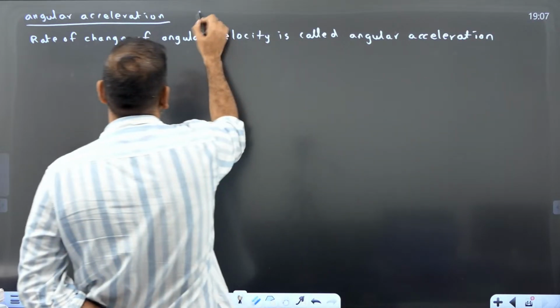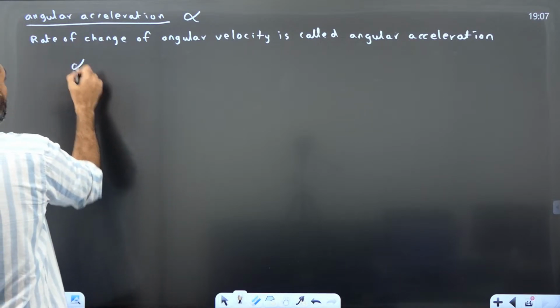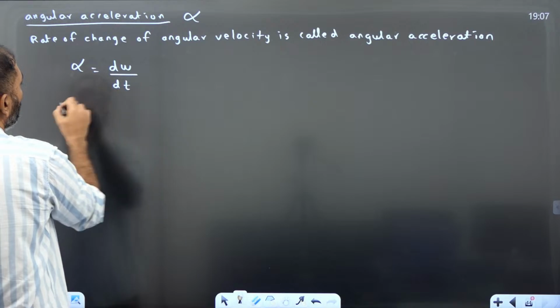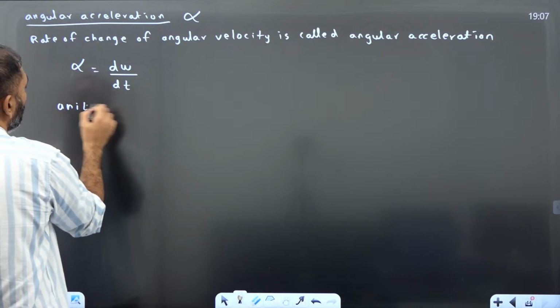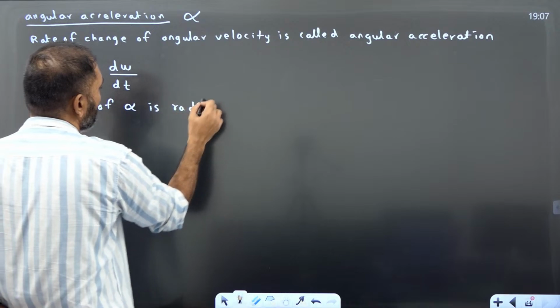Angular acceleration is denoted by alpha. So, alpha is equal to d omega by dt. The unit of angular acceleration, the unit of alpha, is radians per second square.